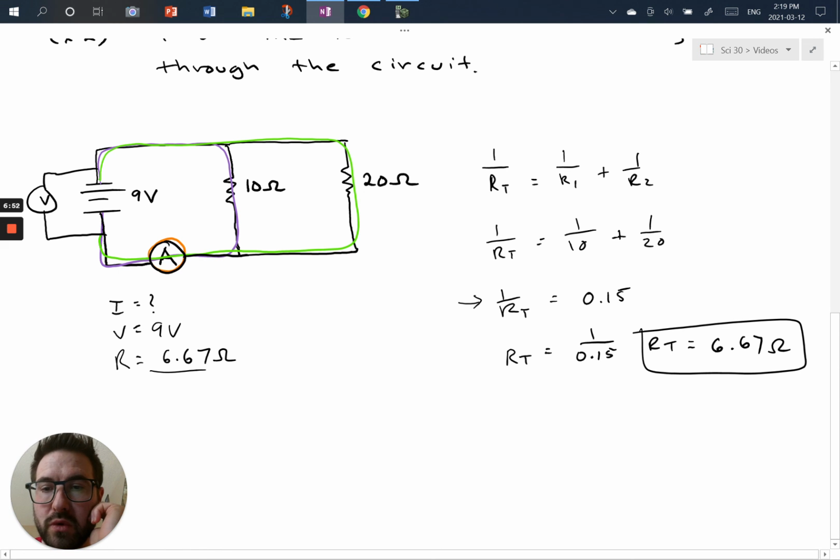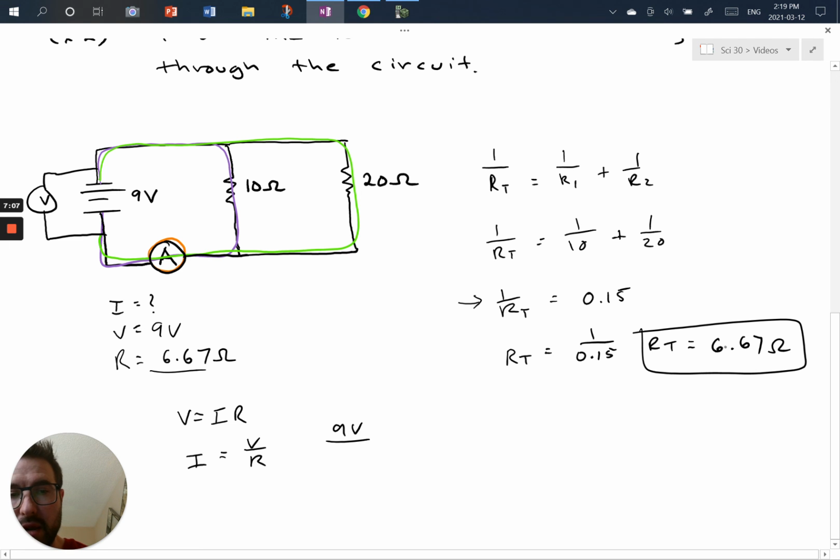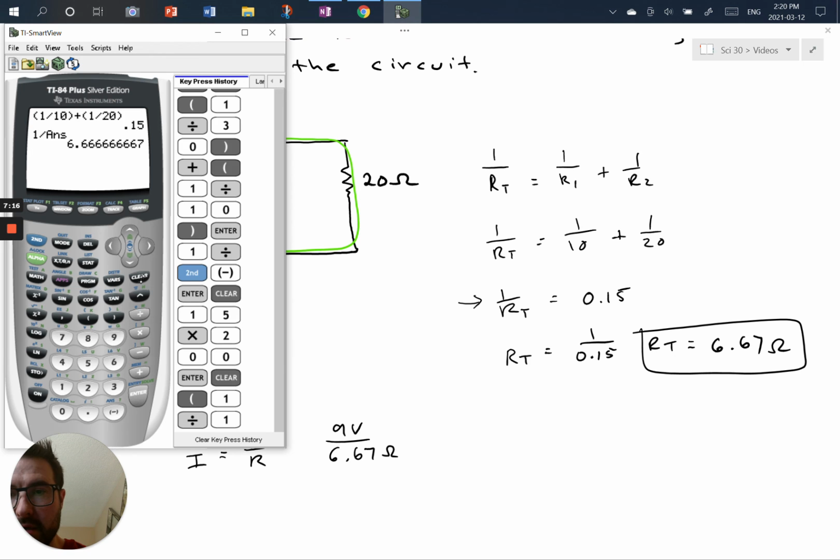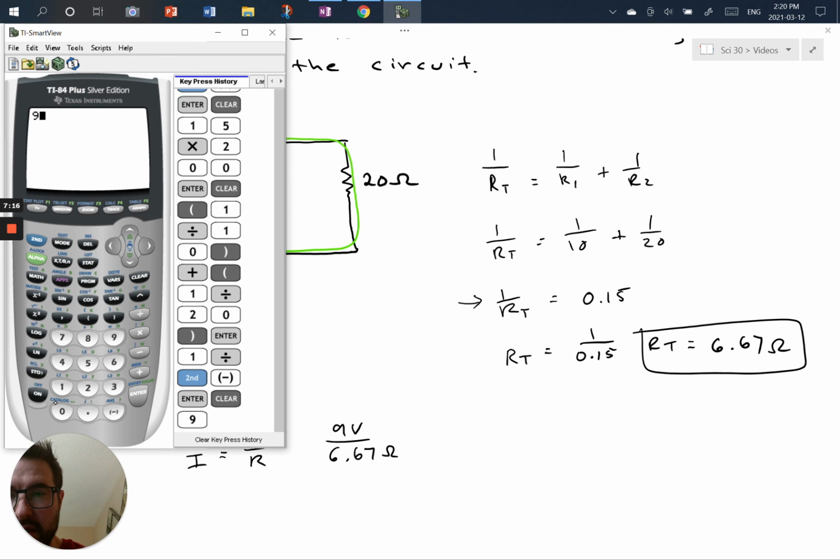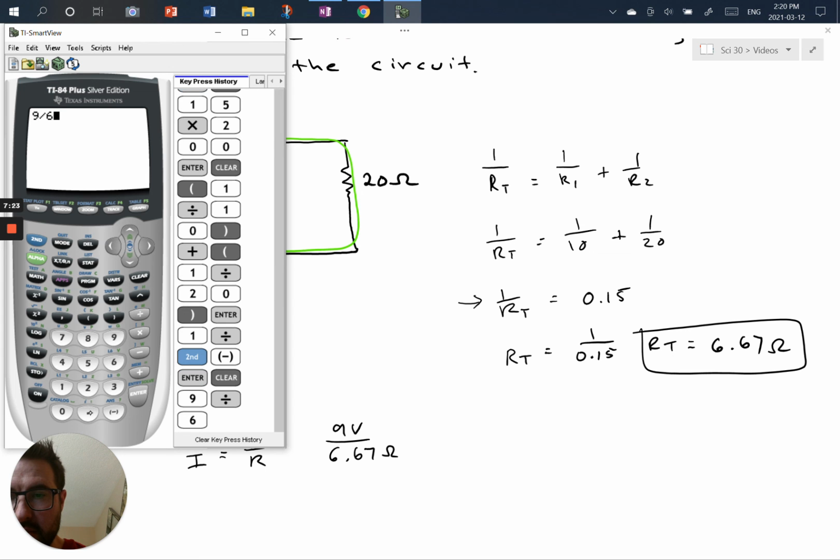Now I can use Ohm's law to calculate for I. If we look up Ohm's law, it's V equals I times R. I'm going to have to manipulate that formula and solve for I. So it's going to be I equals V over R. My voltage is 9 volts. My resistance is that 6.6 repeating. Plug that into my calculator: 9 divided by 6.67.